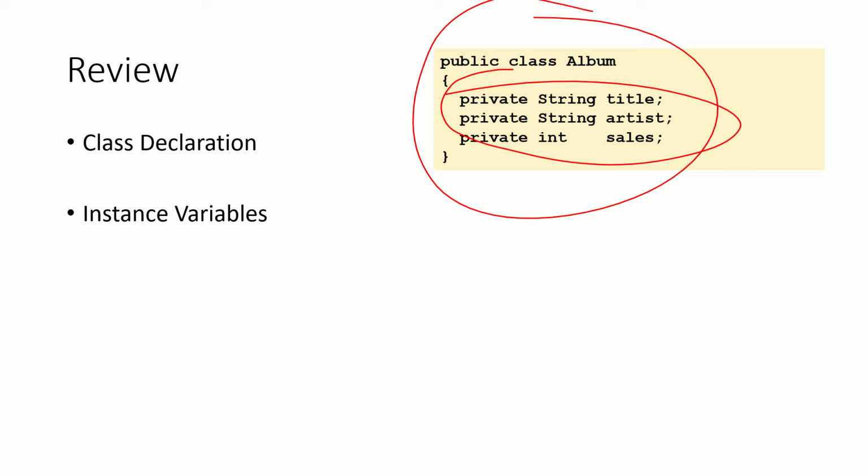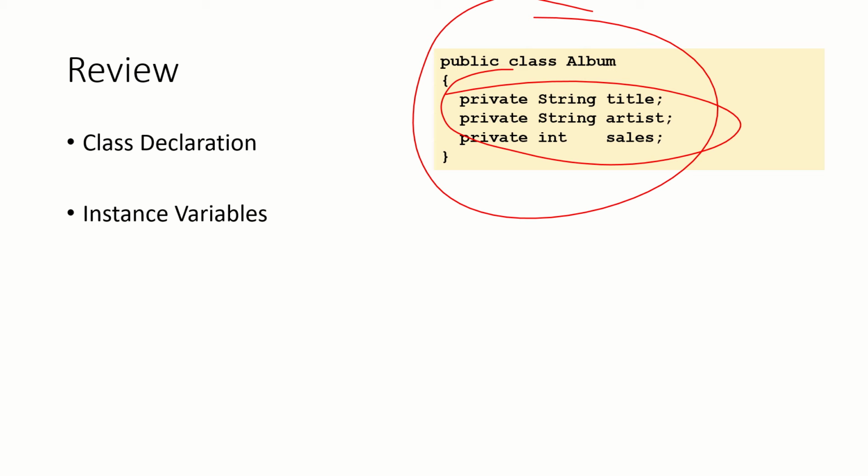The same thing, the class members, the instance variables, they do have an access modifier. So using an access modifier, you can limit other objects of other classes from using those variables.